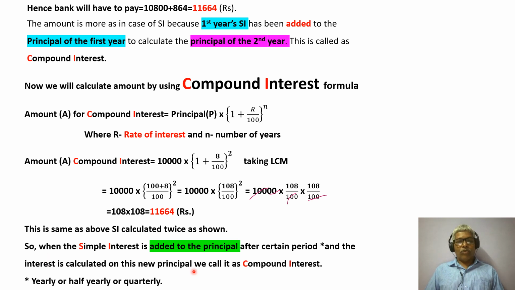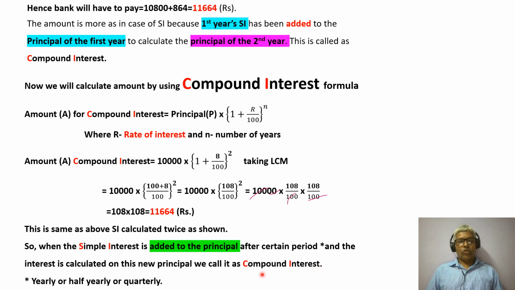Now again we recall the compound interest definition: when simple interest is added to the principal after a certain period. Here this is very important, asterisk it, because yearly or half yearly or quarterly we may add. So n changes, we will see this change in further videos, and the interest is calculated on this new principal, we call it compound interest.